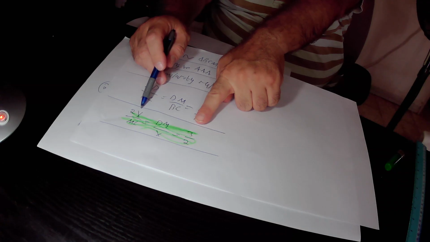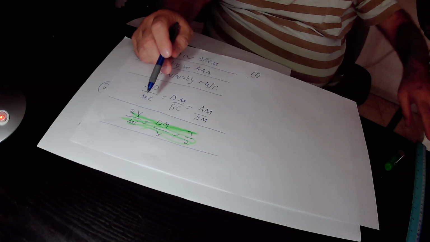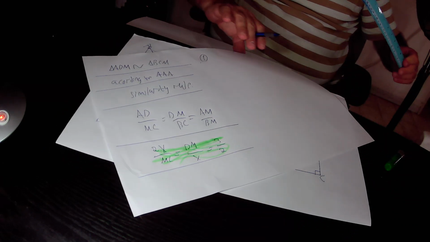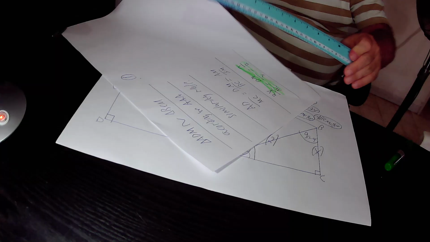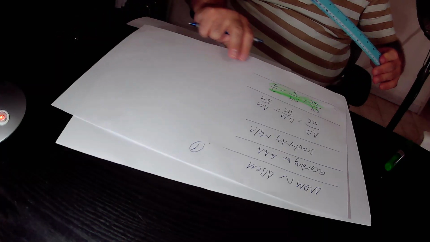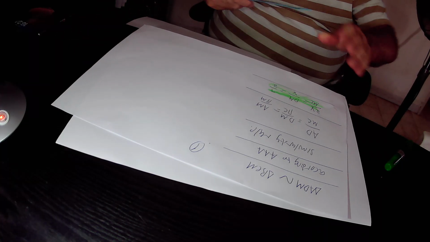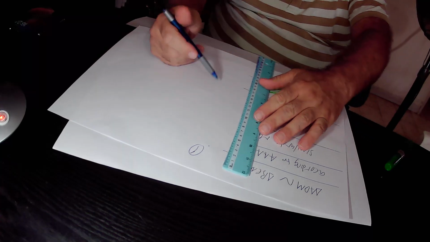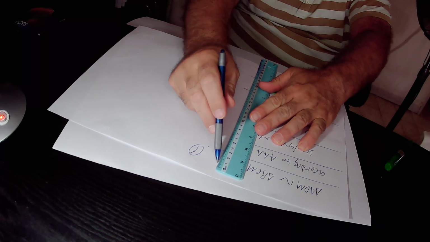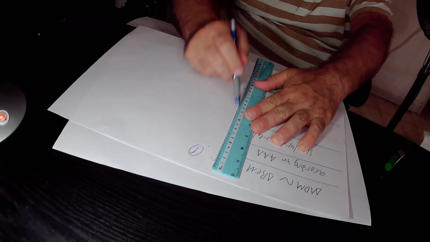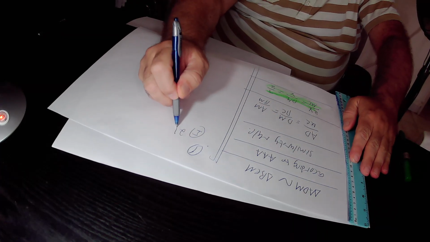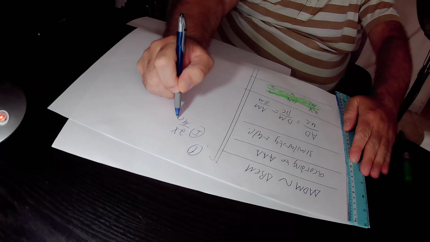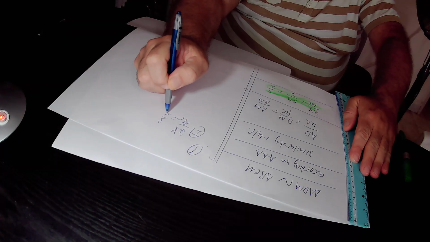According to equation 1, we get that 2x over MC equals 3/2. So I write it down. According to equation 1, 2x over MC equals 3/2.